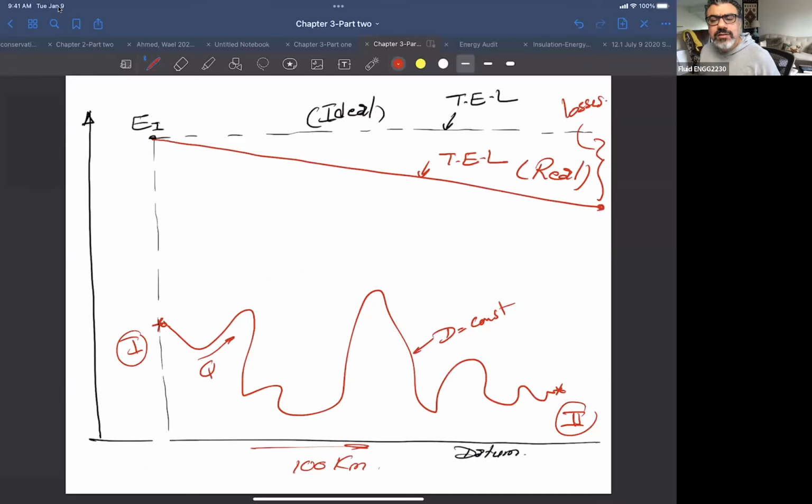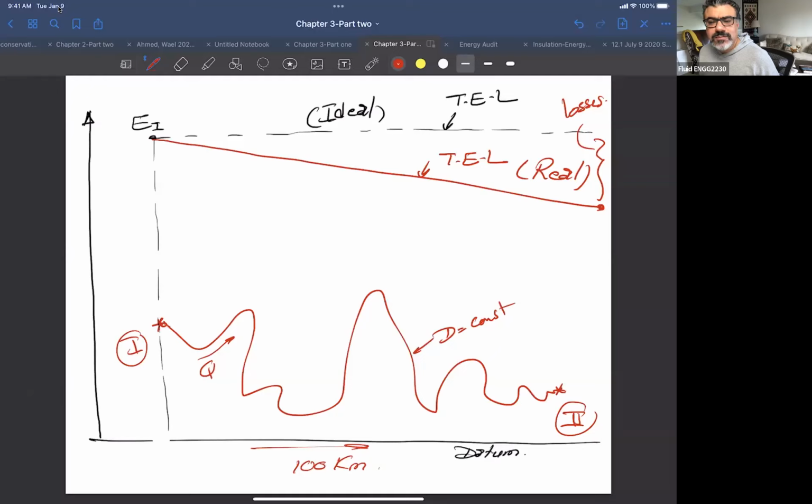So can I draw the hydraulic gradient line now? It's basically, again, horizontal line. Now we have from the real. Let's talk about the real value here. It's not curved.